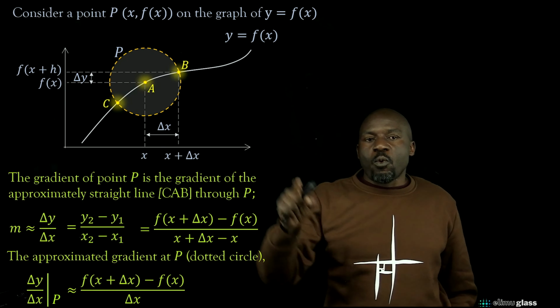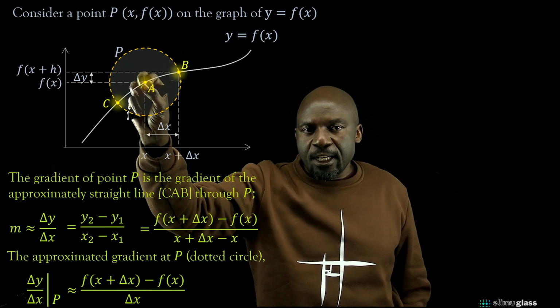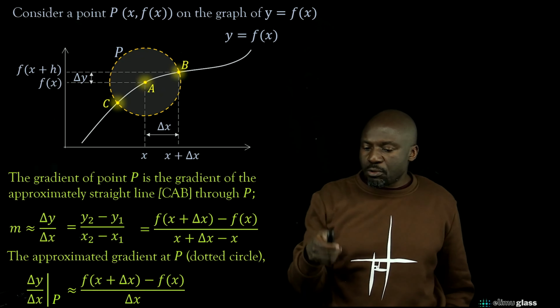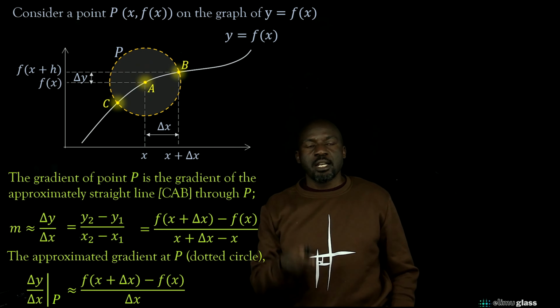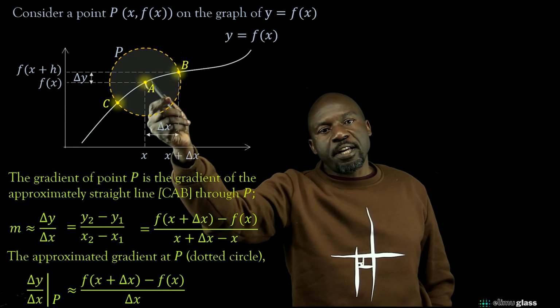When line CAB becomes a straight line, the gradient we get becomes the true gradient, and that true gradient will be referred to as the derivative of this function at point P.